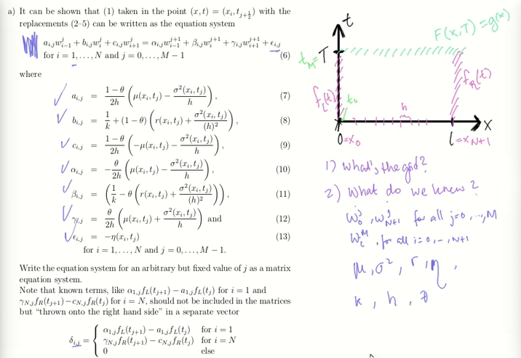So what is it we want in A? We want to write up a matrix equation system where the unknowns are the wj and wj plus 1, where you find wj based on the fact that you know what wj plus 1 is for j equal m minus 1.